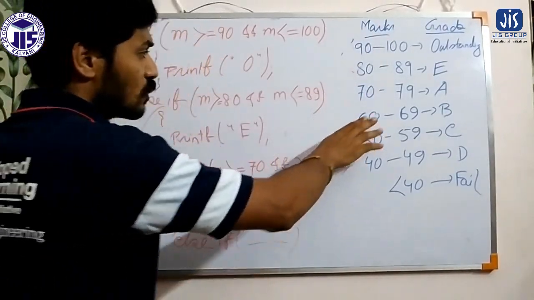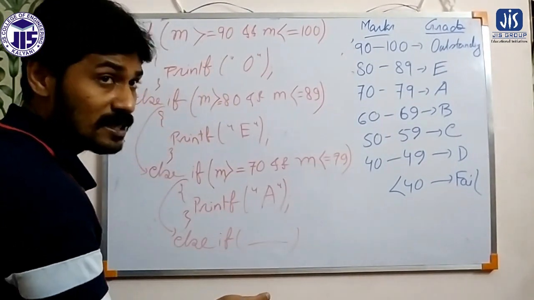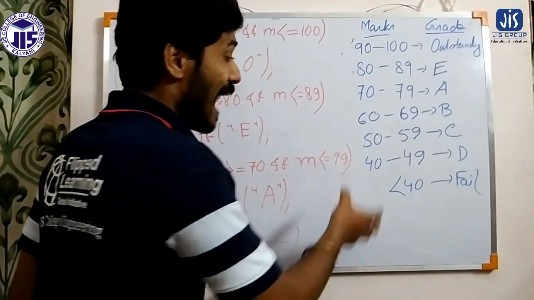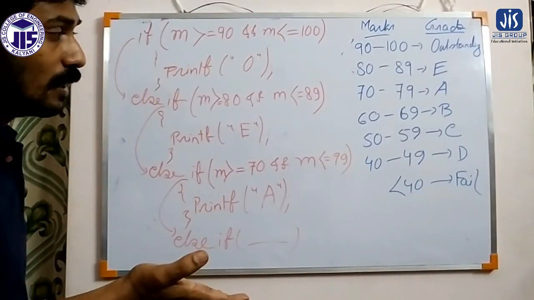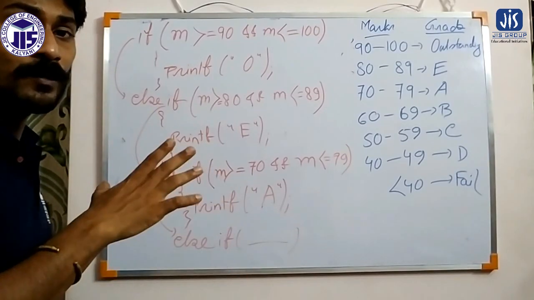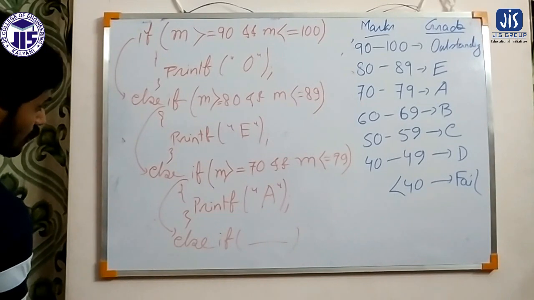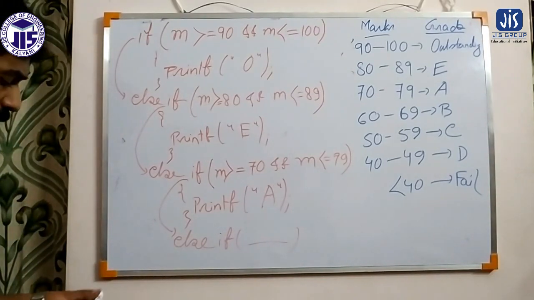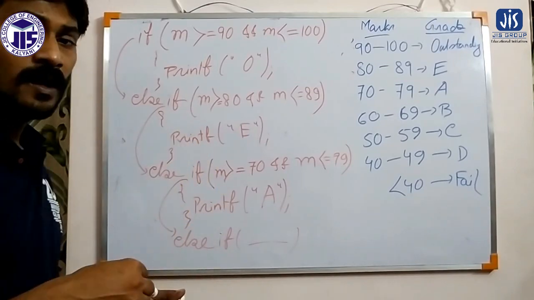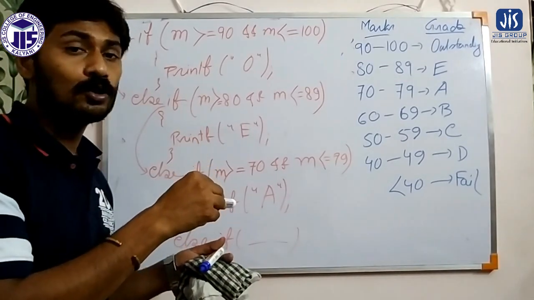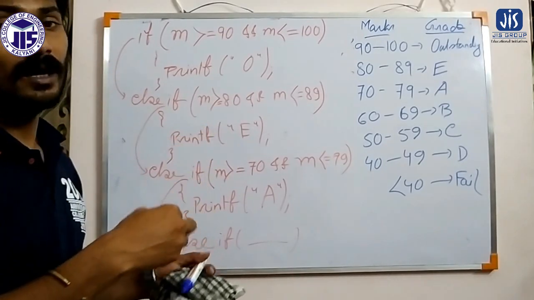Here I have written up to 70 to 79, then here we will write 60 to 69, then else if 50 to 59, and finally else the marks is less than 40, so it will be failed, where we end the process. So by using this else if process we can execute the program of gradation. Now I am going to show you through a program how we are going to execute it in the programming language.